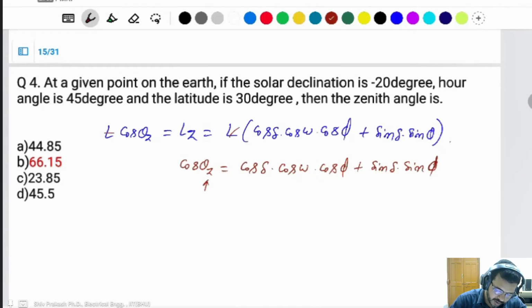Zenith angle is given. It will be asking about the zenith angle.